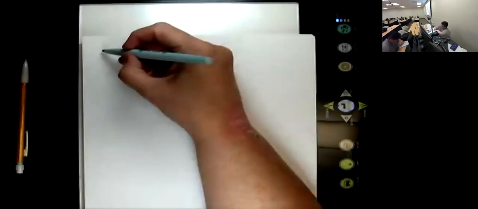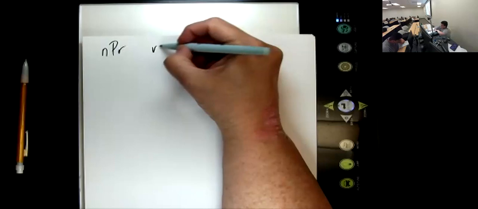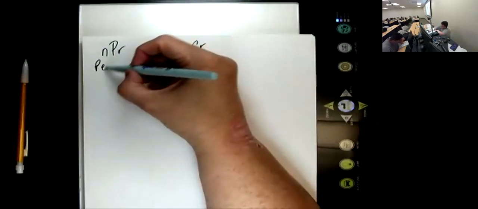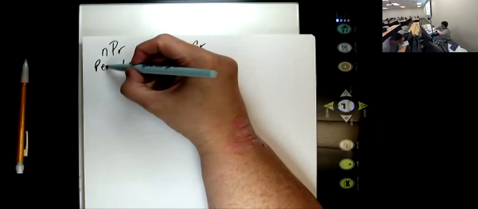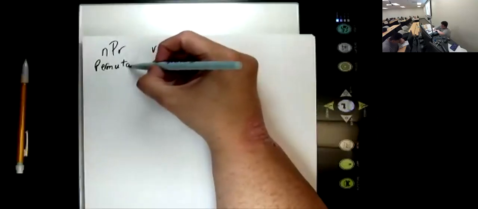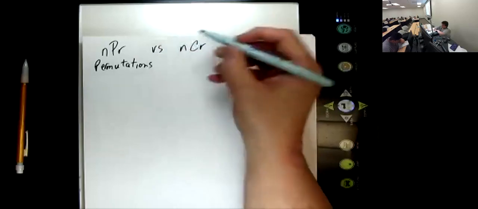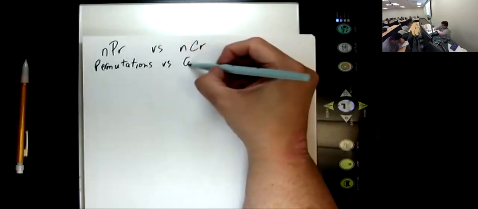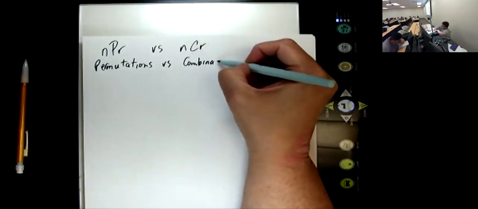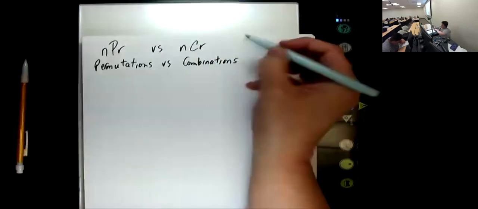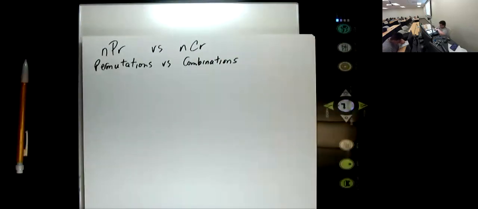All right. So I said we had NPR and we had NCR. This is permutations versus combinations. The P and the C are both for the name of what we're doing.